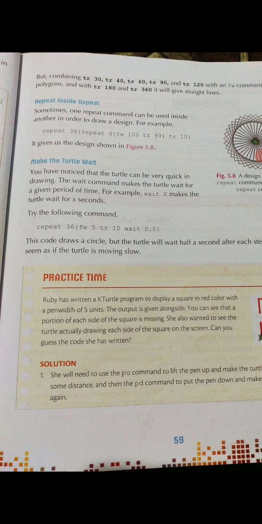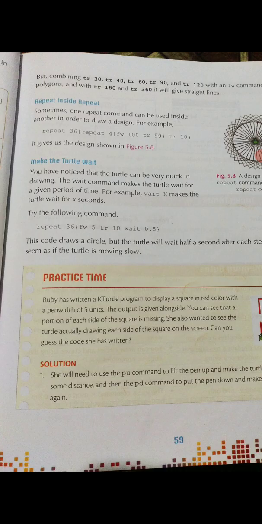Then you come to the next one. Make the turtle wait. Here the turtle has to be in a waiting position. You have noticed that the turtle can be very quick in drawing. The wait command makes the turtle wait for a given period of time. For example, wait x makes the turtle wait for x seconds.